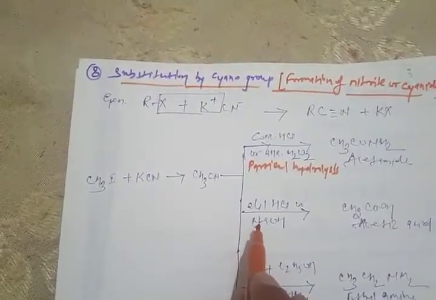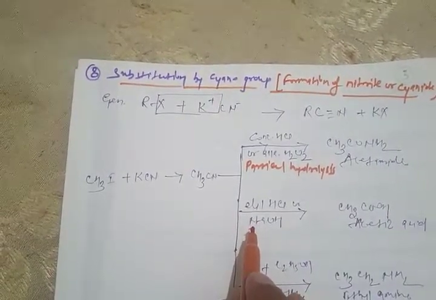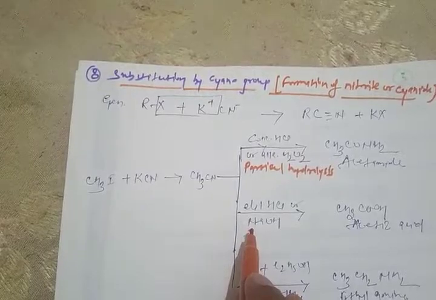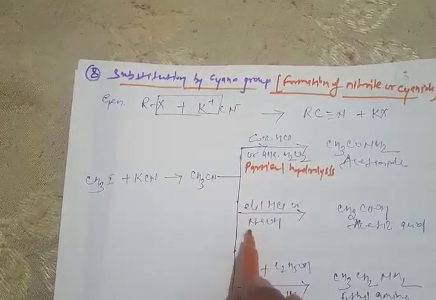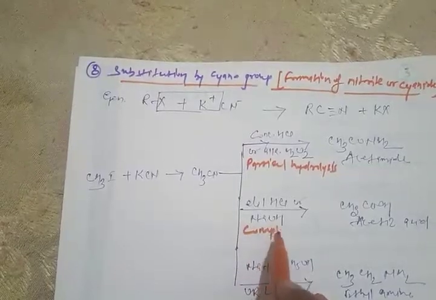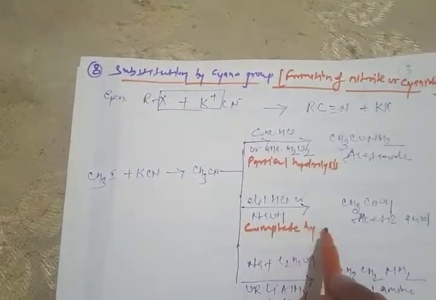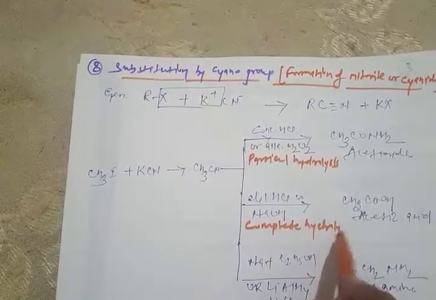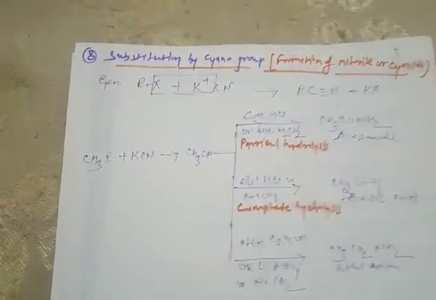The second one, hydrolysis with dilute acid or alkali, will give you complete hydrolysis. Hydrolysis is a process which we can carry out in both acidic or basic medium.